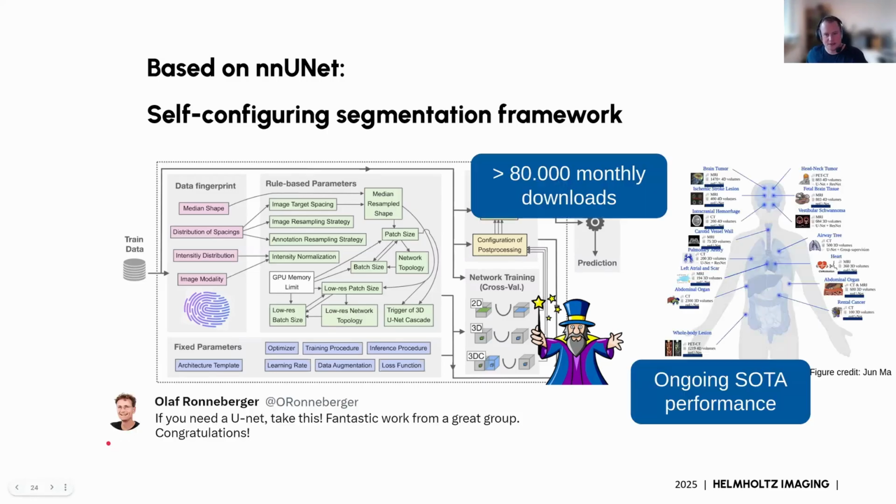And surprising as it is, even though it was initially released in 2019 for the first time, the nnU-Net is still the most relevant segmentation method today. It's being downloaded like crazy, and also in all the conferences at the competitions, we see people using it, adapting it, and really using it as a starting point for state-of-the-art networks. So this is also what we want to base nnInteractive on, and it's surprising to us that nobody has really done that so far from the competing methods.